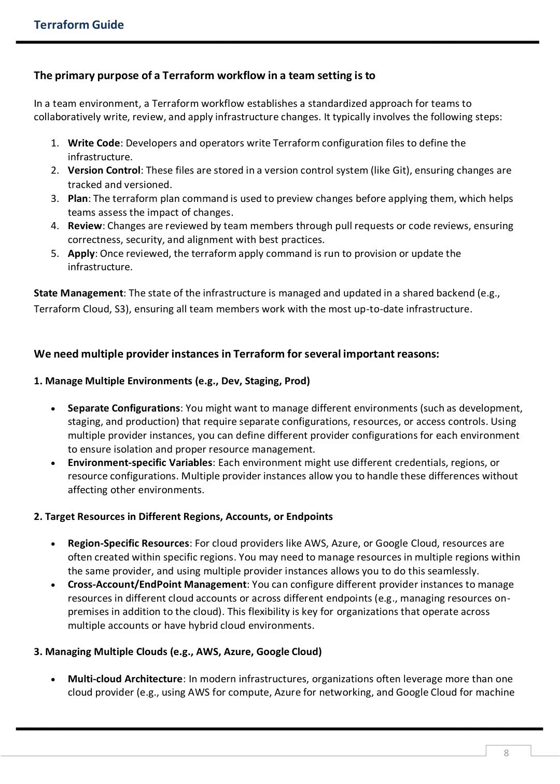Managing multiple clouds. For example, AWS, Azure, Google Cloud. Multi-cloud architecture. In modern infrastructures, organizations often leverage more than one cloud provider, for example, using AWS for compute, Azure for networking, and Google Cloud for machine learning.